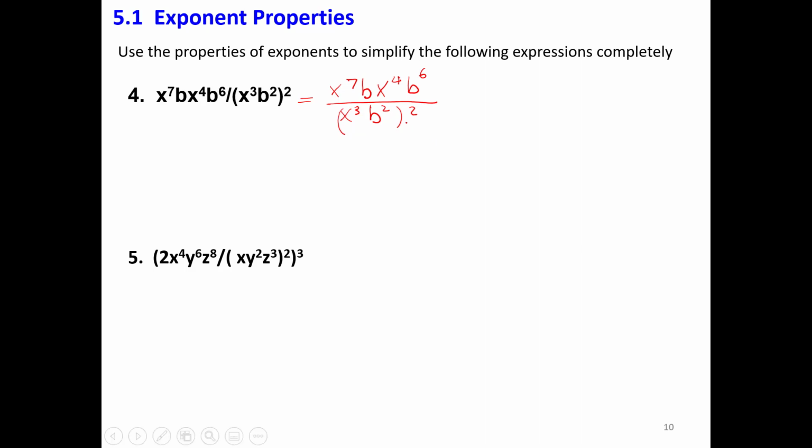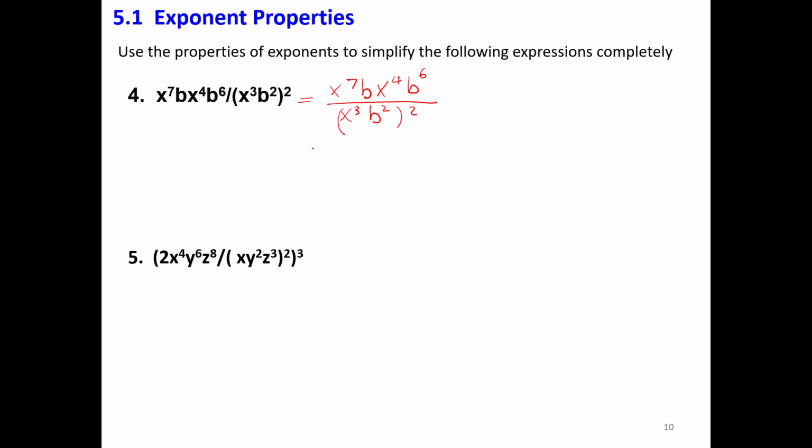Now if we have a quotient, we will see if we can simplify something in the numerator and if we can simplify the denominator. After we simplify the numerator and the denominator, then we can try to divide both expressions.